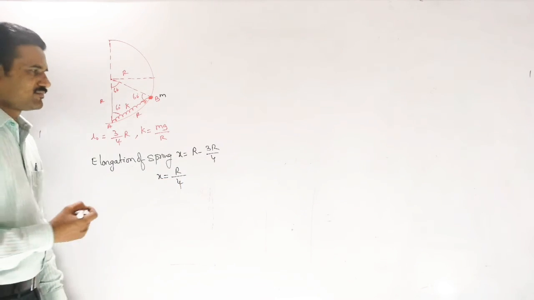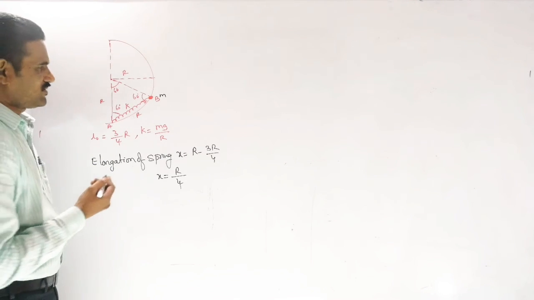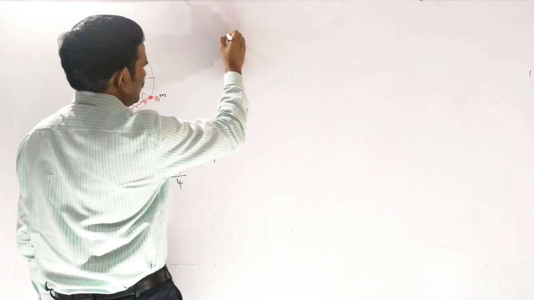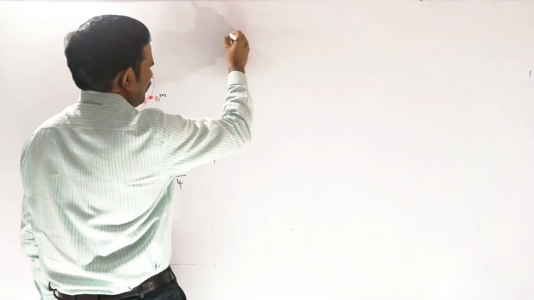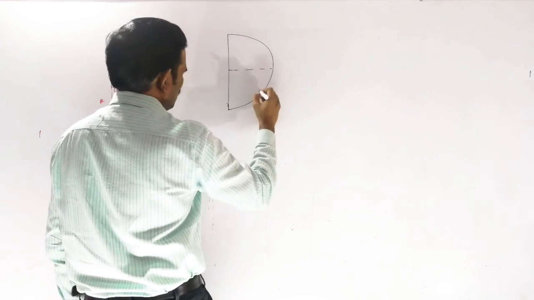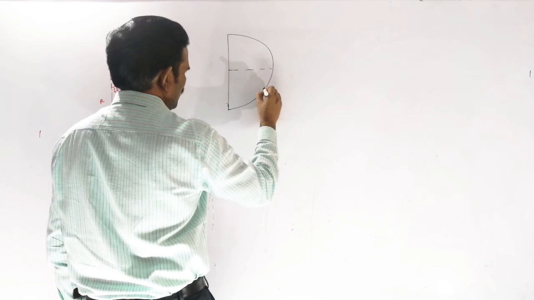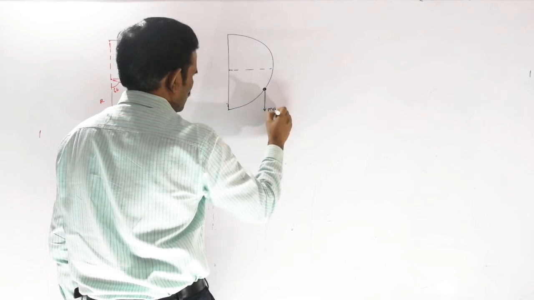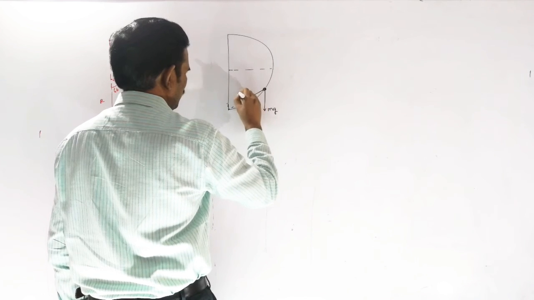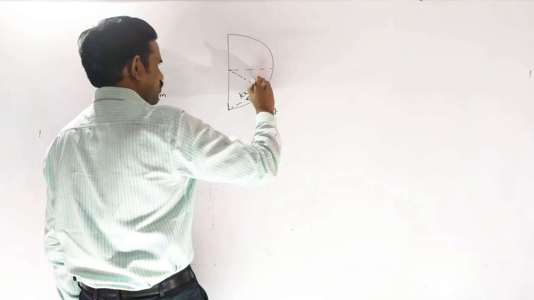That is the elongation here. Now you may consider the forces, the free body diagram of this, and then you can directly answer this. I will draw the free body diagram separately here. I am drawing this semicircular track also so that you can identify the directions of these forces, right? Suppose this bead is here, mg is along this direction, the spring force kx is along this direction, and as you know the normal reaction will be directed towards the center here.